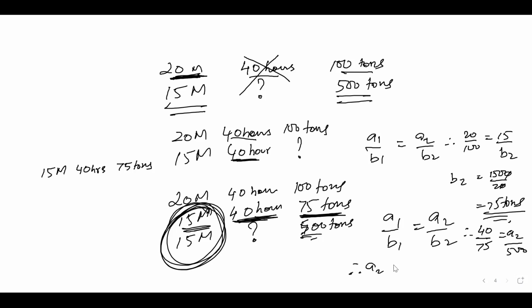Therefore, A2 is equal to, that is the time taken, 40 into 500 upon 75. So that is 5, 25, you can say 25 threes are 75. So the answer is 800 upon 3 hours, right? 800 over 3 hours is your final answer.